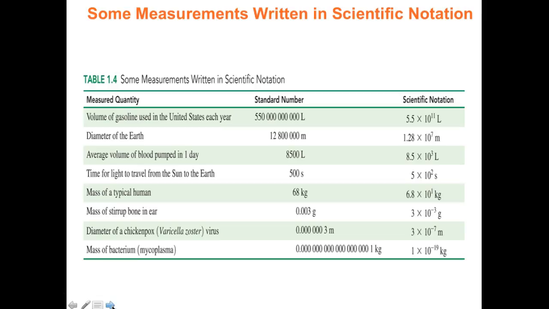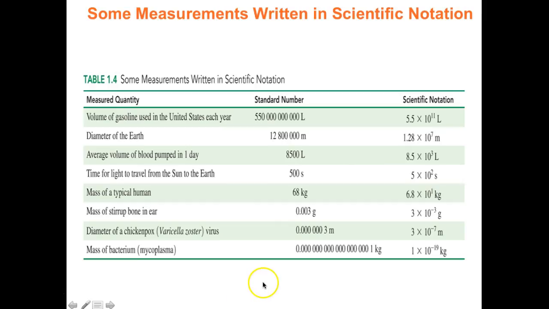Okay, so when would scientific notation be useful? If you have a number like this, it's such a large number, right? Rather than writing out all of these zeros, it's so much easier to write it in scientific notation as 5.5 times 10 power 11, all right?